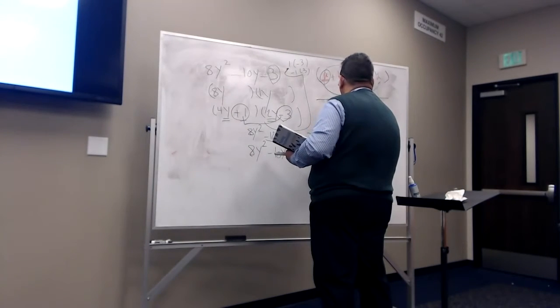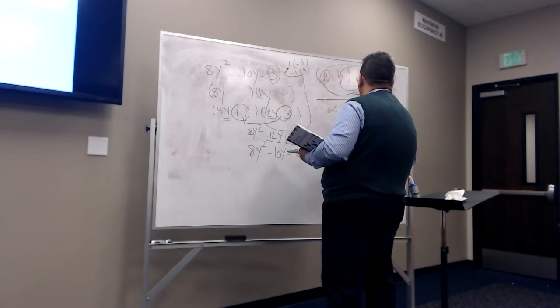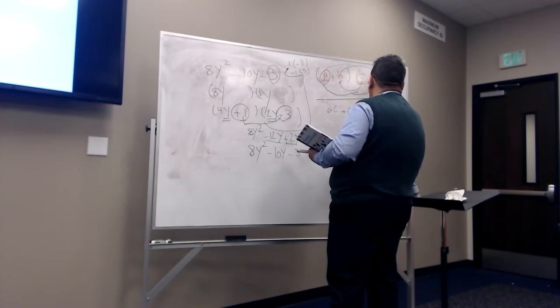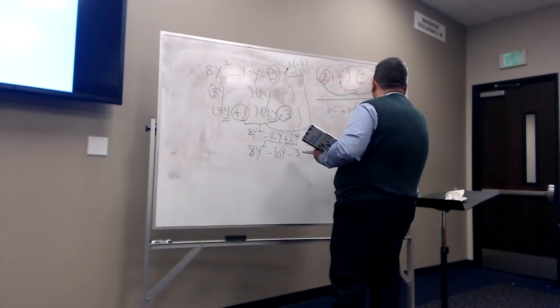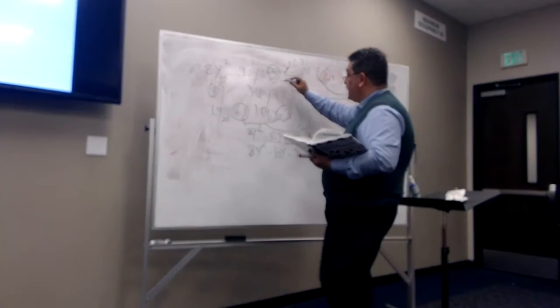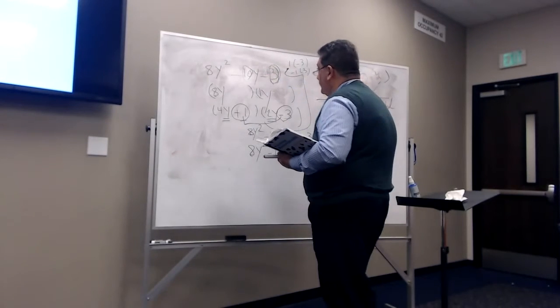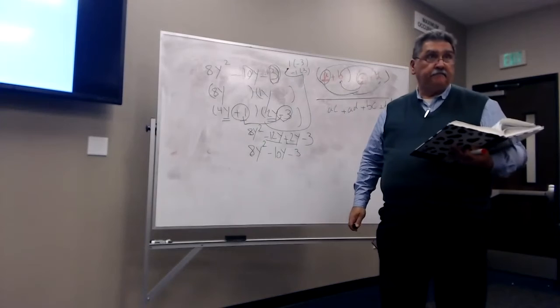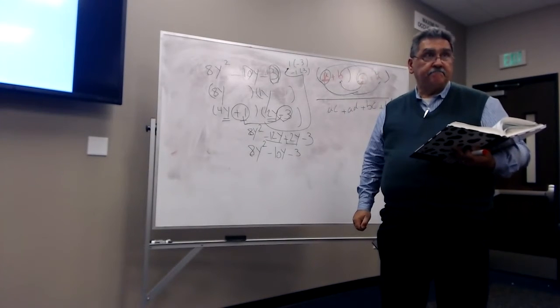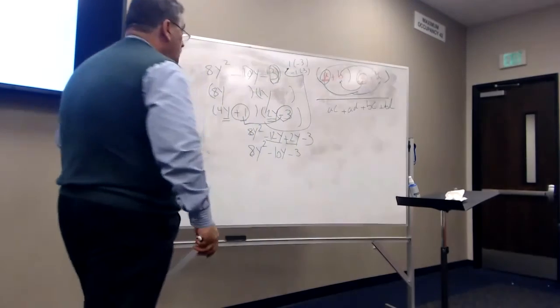This is AC plus AD plus BC plus BD. So you've got to look at this and that and find the factorization for it. That's why we used parentheses.